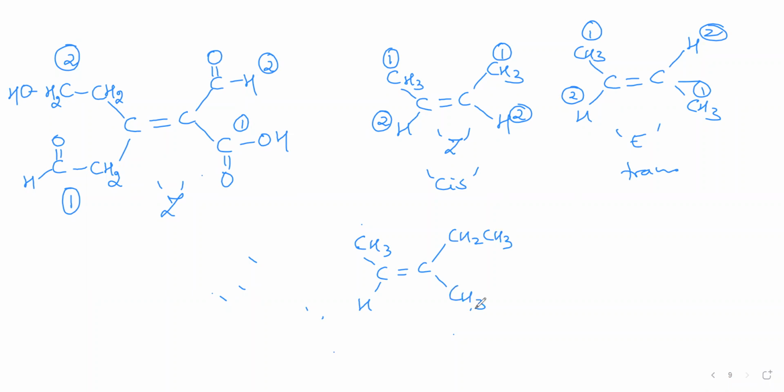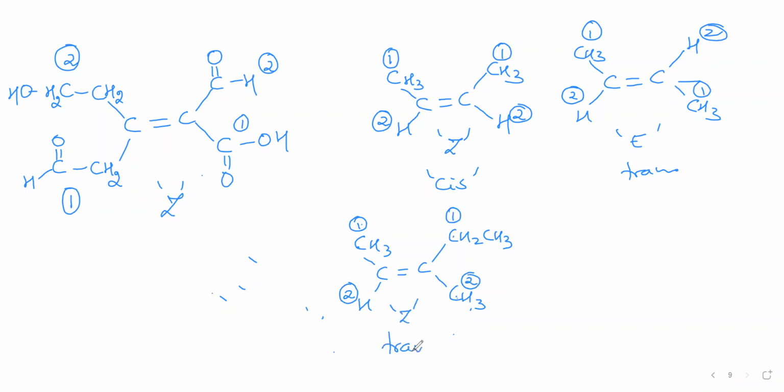Give me the configuration here. Yes, the configuration for this will be E. No, it will not be E, it will be Z. How can it be E here? This is higher priority, this is lower priority. Which one gets the priority, this one or this one? The upper one will get it. So the configuration is Z.